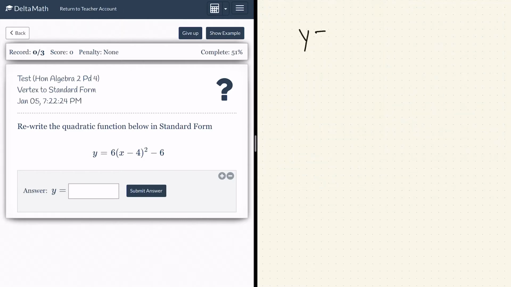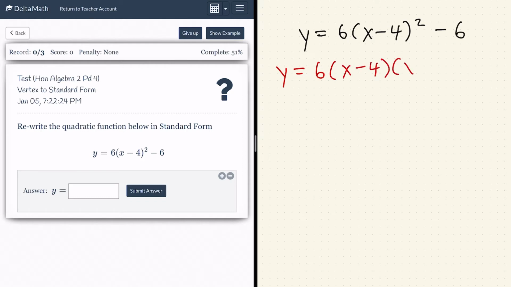We have y is equal to 6 times x minus 4 squared minus 6. So I highly recommend that you rewrite the quadratic as y is equal to 6. Since we're doing x minus 4 squared, rewrite it out twice so we don't mess up when we FOIL.